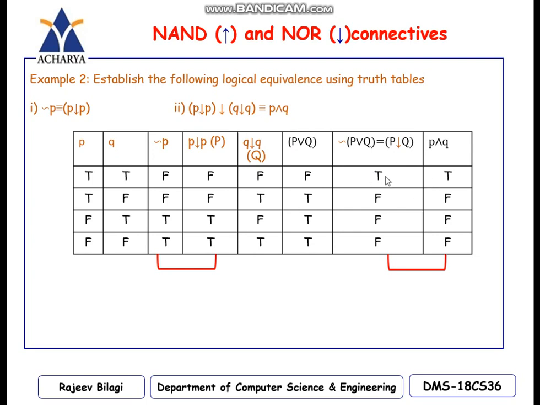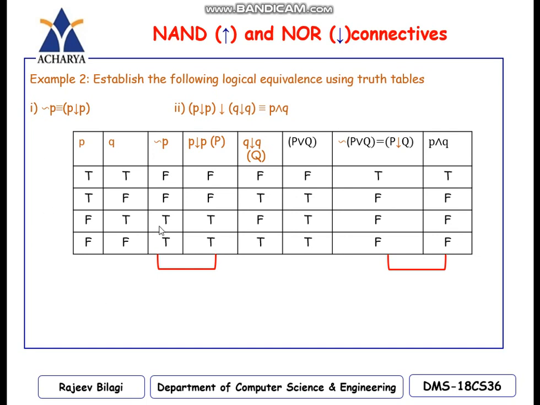So T, F, F, F, and P and Q is: the first one will be true, all other values will be F. If you look at the first condition, negation of this and this, both the values are the same. Similarly with the last two columns, which will give you the result for this particular statement.